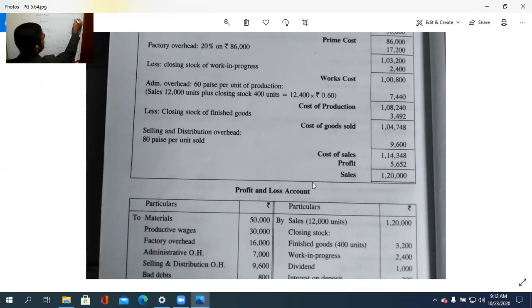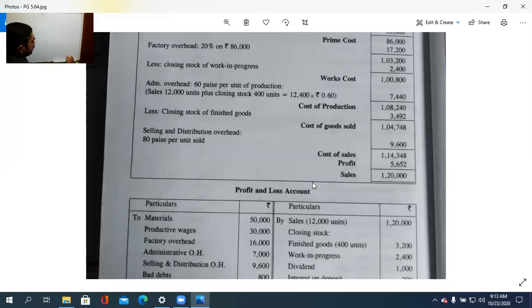So see, 5,652, that is the profit as per cost books. Like the same, we need to prepare the P&L account. Okay, so 5,652 is the costing profit. Keep it in mind. Then costing P&L is finished, and the financial P&L account we need to finish next.